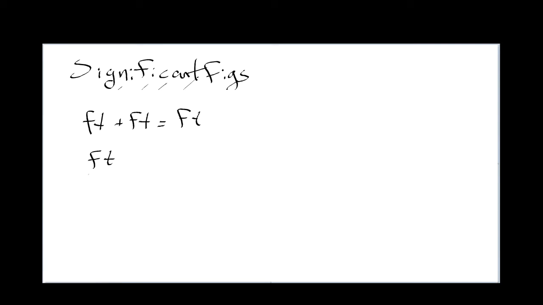Feet divided by seconds gets you feet per second. Distance over time gets you speed. So when you multiply or divide, you're changing to a different kind of unit, you're changing to a different kind of measurement. And that's why you get a different set of rules for multiplication and division than you do with addition and subtraction.